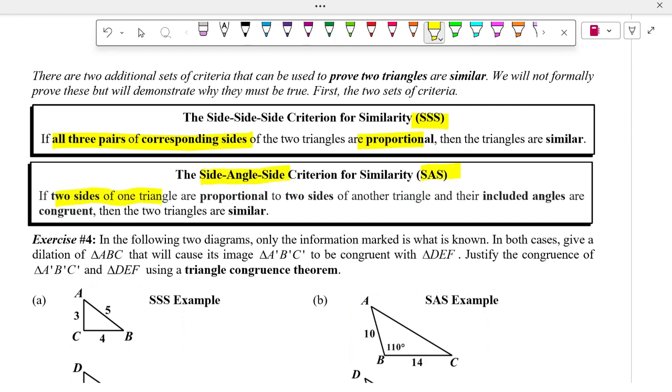So 2 sides of one triangle are proportional to 2 sides of another triangle, and the included angle, so remember, included angle means between the 2 sides, is congruent. So not to be mixed up with the congruency postulates of side-side-side and side-angle-side. All right. The difference is that the S's in both of those postulates, the sides, they're proportional, not congruent. All right, that's the difference. Angles still maintain their congruency.